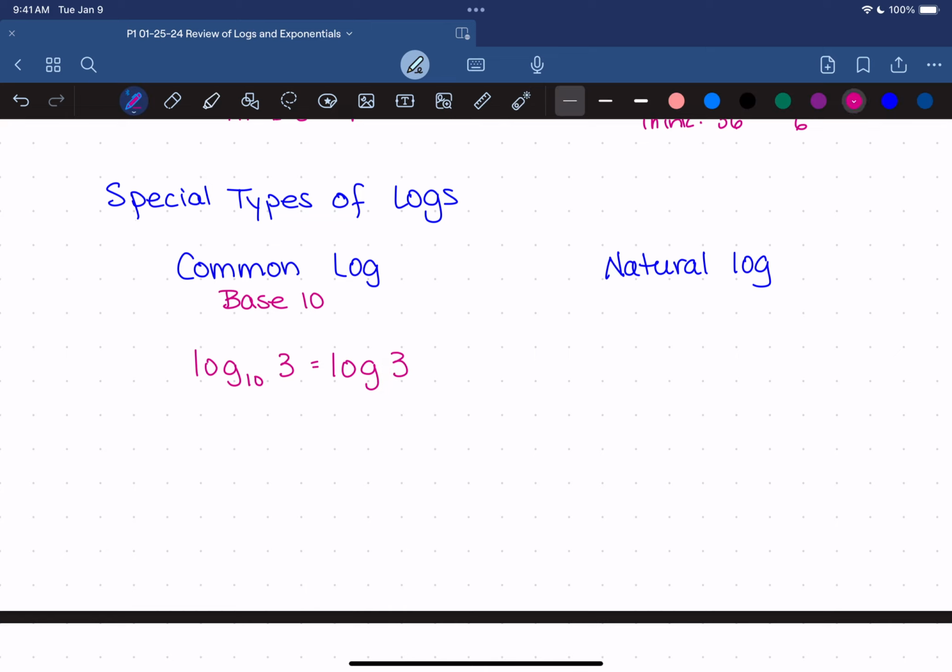And so with common logs, the base is optional. So when the base is 10, it is optional to write the base.